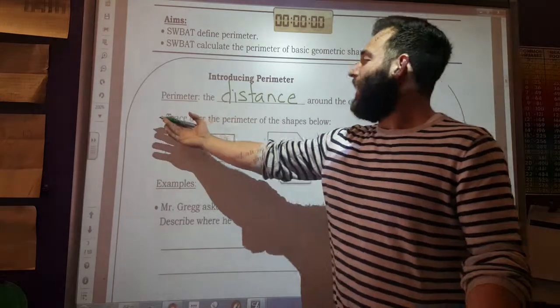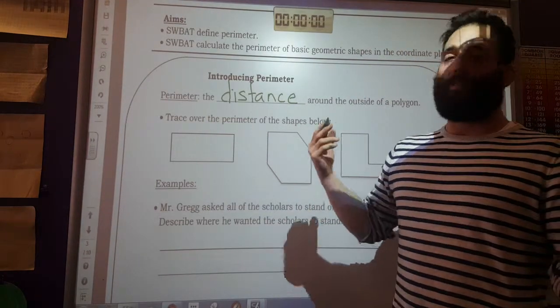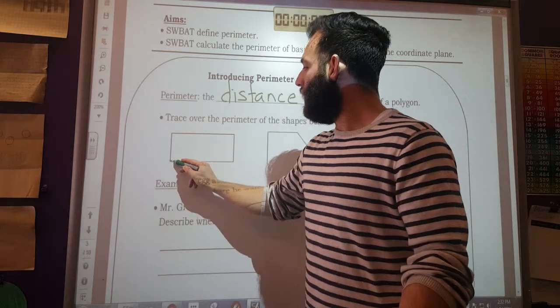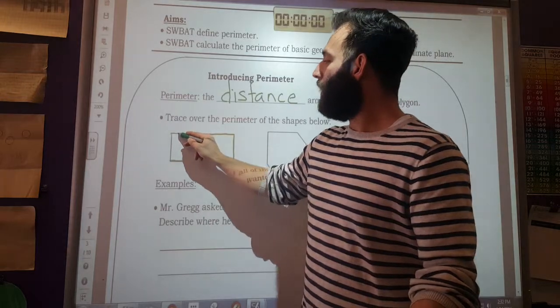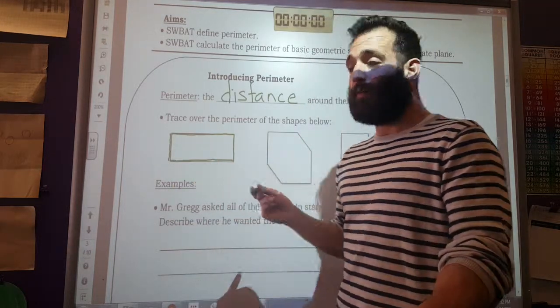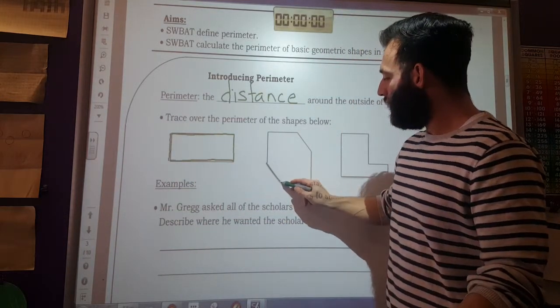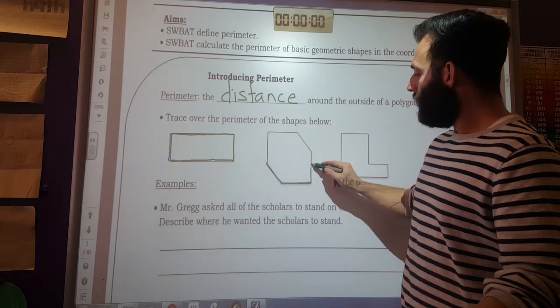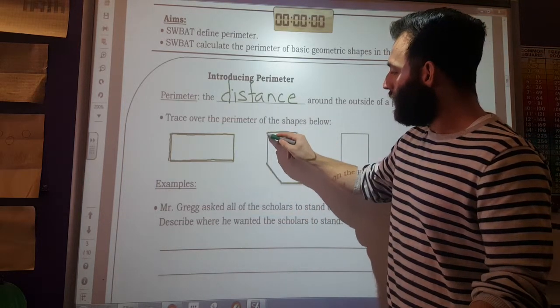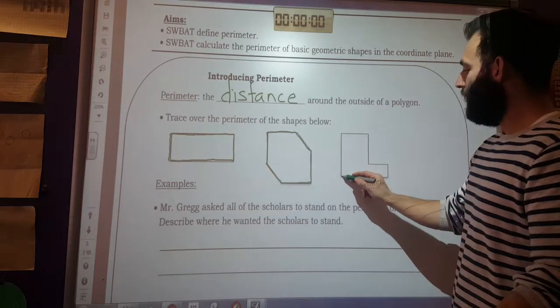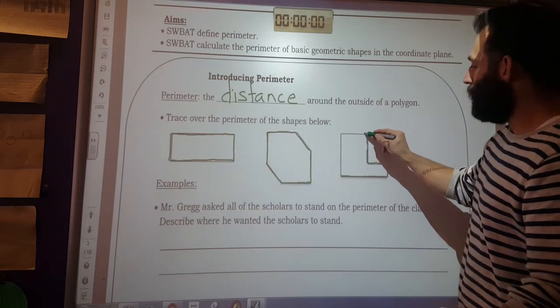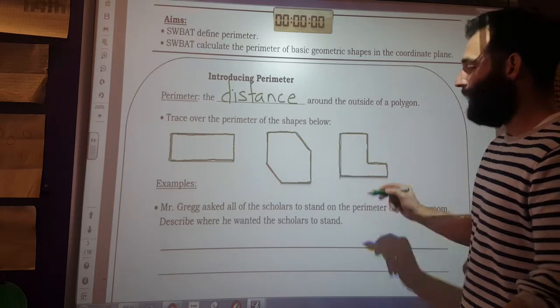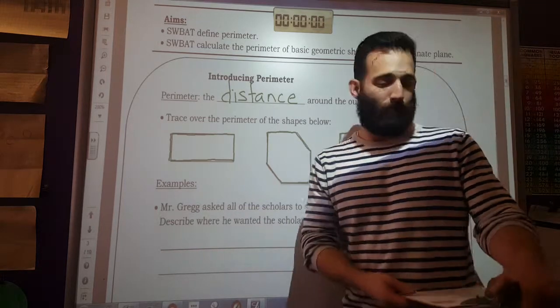And now, if I wanted to trace over the perimeter of the shapes below, now you should be doing this along with me. And finally, if you'll notice, I'm only going over each edge, each side, one time.